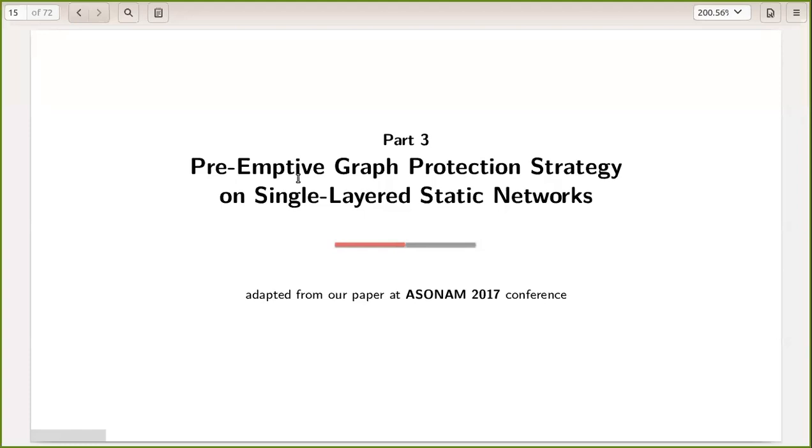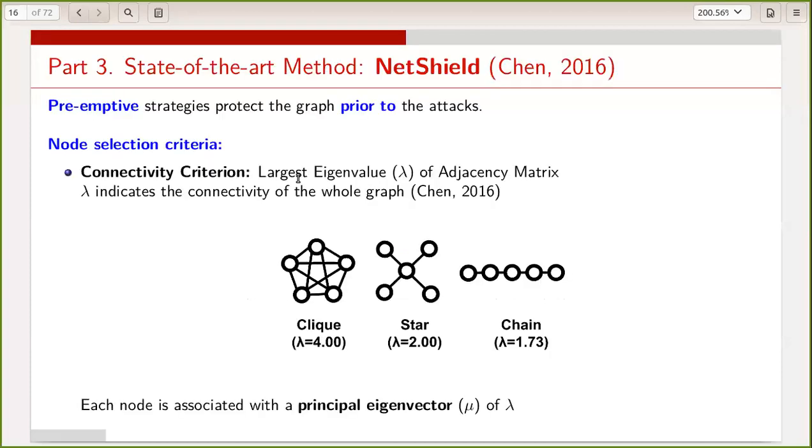So we assume that the network is only very simple, a single layer and static, and will not change over time. So what does preemptive mean? The preemptive strategy means that we have to protect the graph before the attacks.